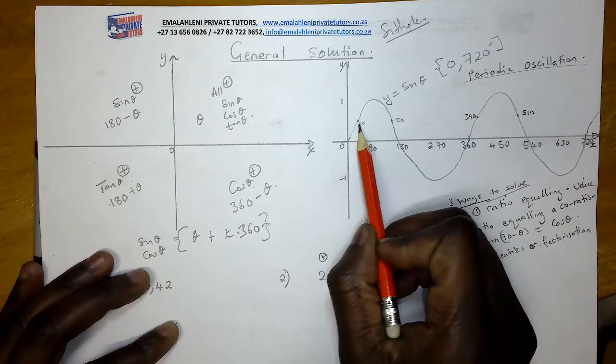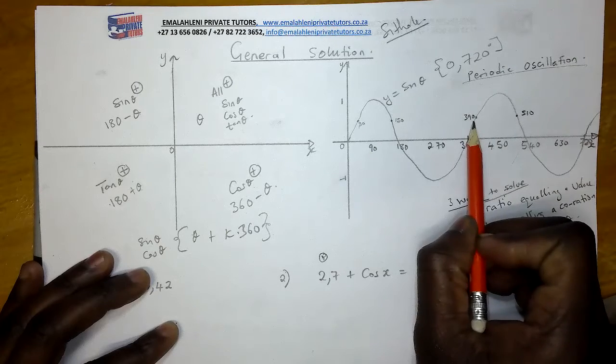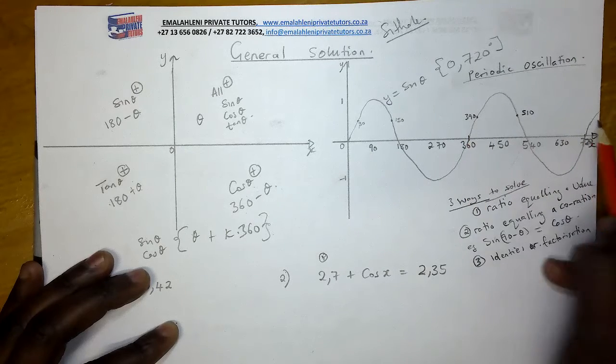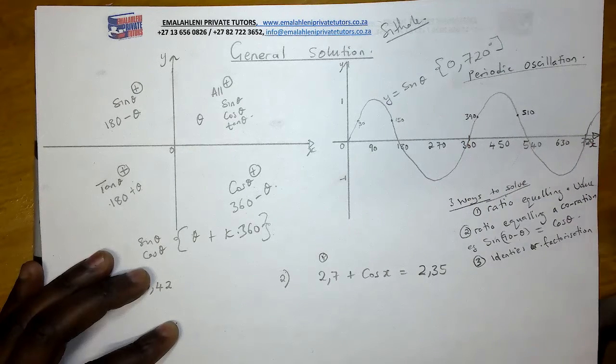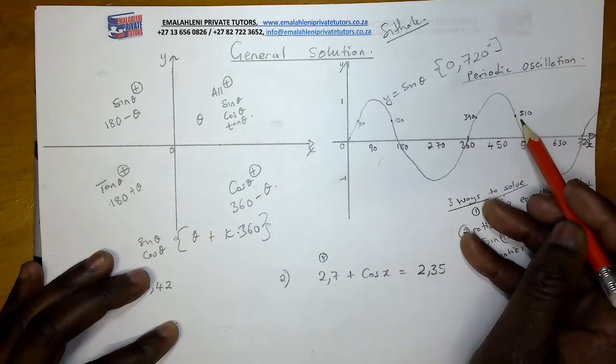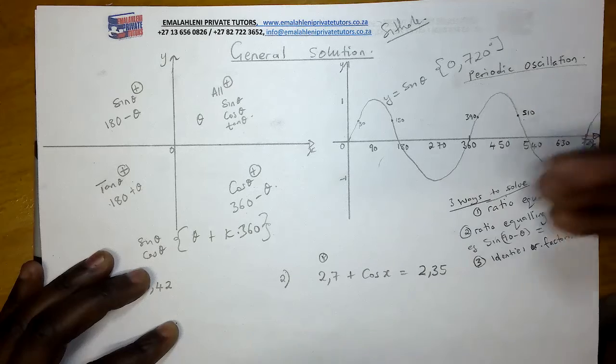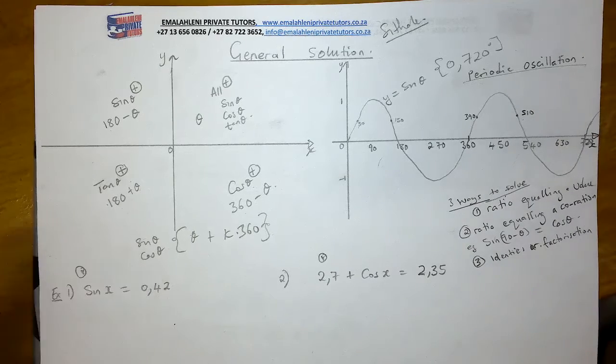From 30 you go to 390, and on to 720. If you say 720 plus 30, it gives you 750, the same answer. Then 150 again, at 510, it goes on like that. That's why we say k times 360, so we'll be saying times 2, or times 3, or times 4, and it goes on like that.